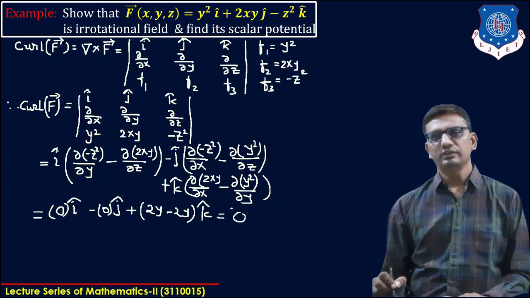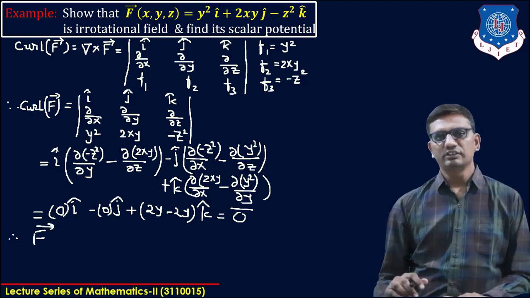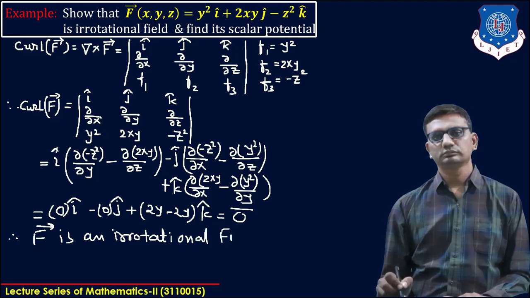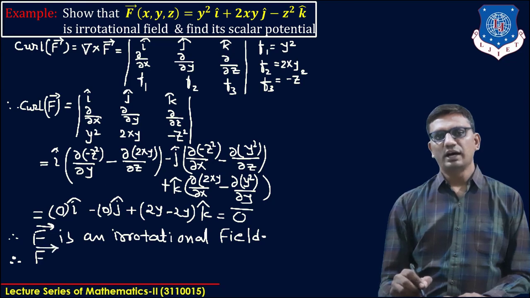So finally we have a zero vector. So f bar is an irrotational or conservative field. Now we want to find the scalar potential of f bar.